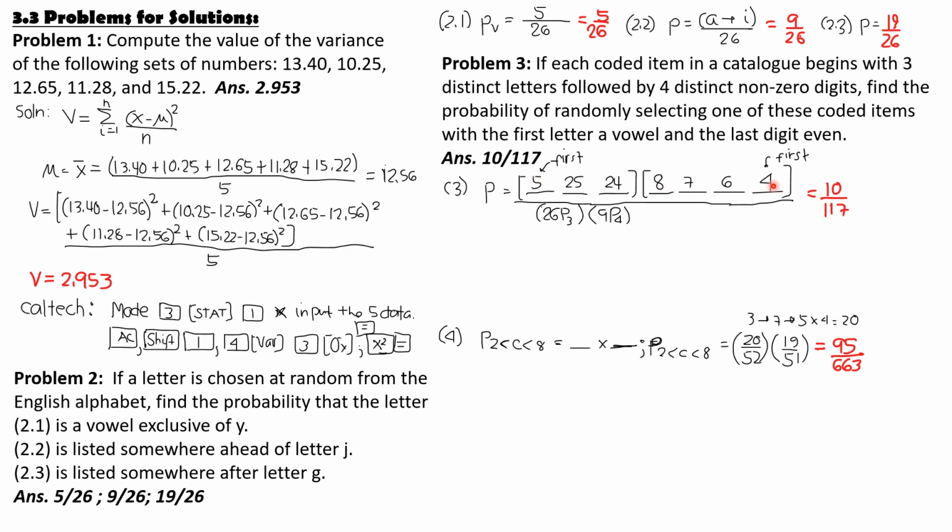Then for the number, this should be the first to be filled up, and it should be 4 because from 1 to 9, non-zero digits, there are 9 numbers. And in these 9 numbers, there are only 4 even digits: 2, 4, 6, and 8.